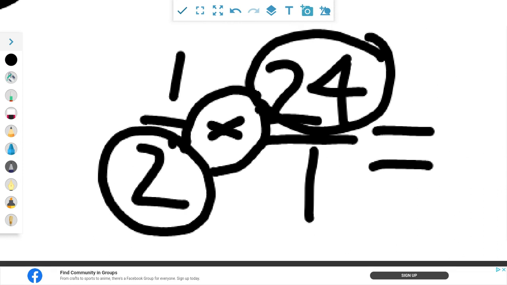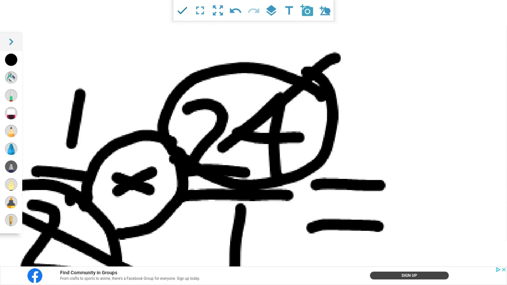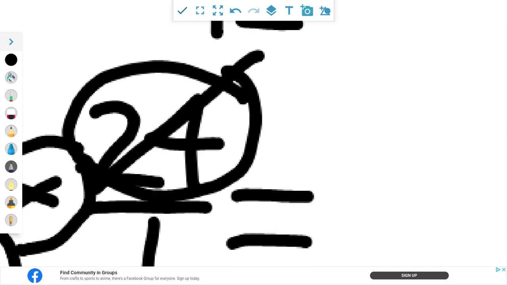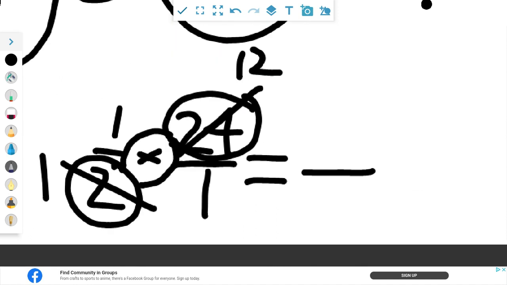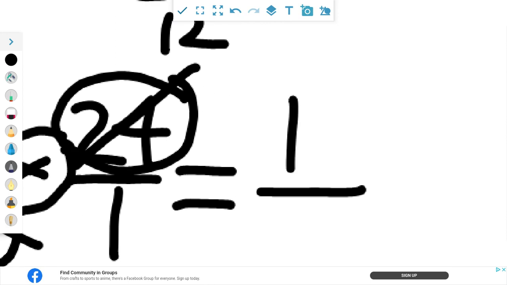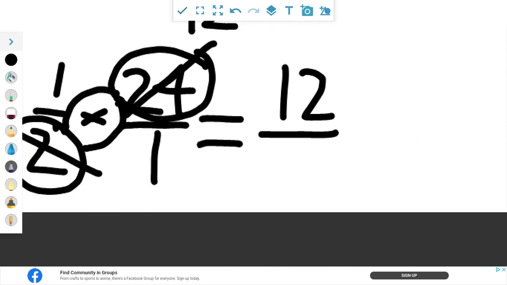So we cross out the divisible numbers. 2 divided by 2 is 1. Should have done that instead. And 24 divided by 2 is 12, as we've seen in our previous example. And we multiply with 1. So 1 times 12 is 12, and 1 times 1 is 1.